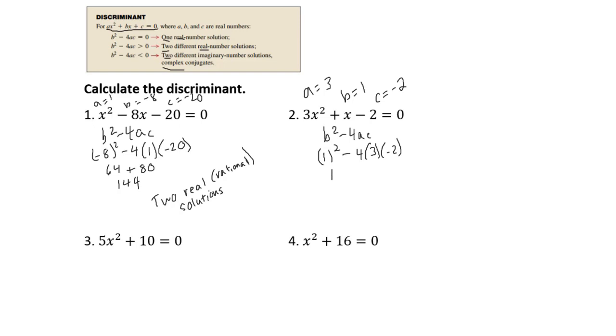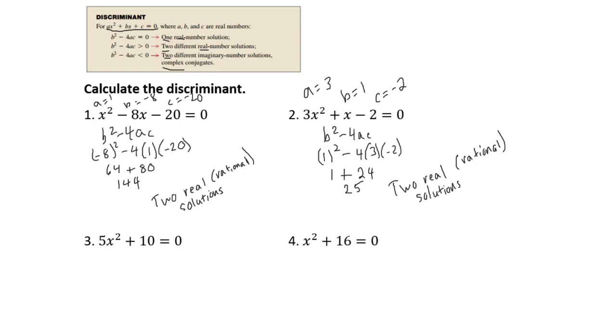So 1 squared is 1, negative negative is positive, 4 and 3 is 12, and times 2 is 24. So this is 25, which is two real solutions. And since 25 is a perfect square, we can also say that the two solutions will be rational.